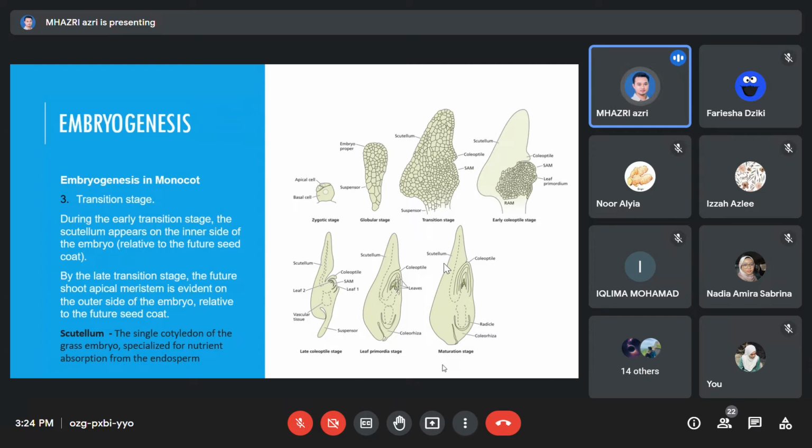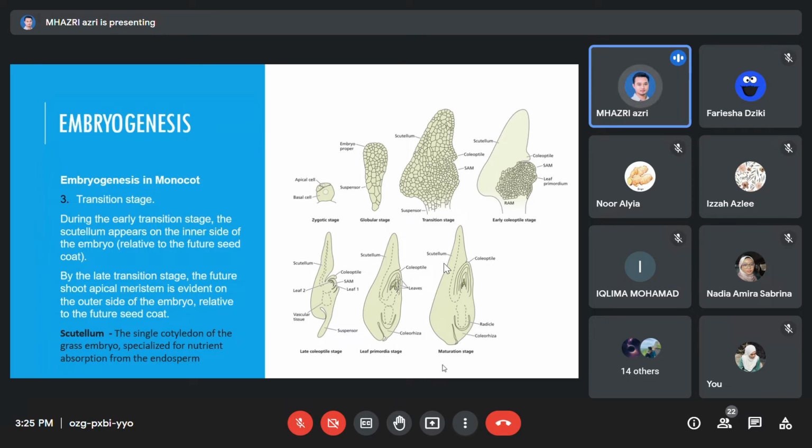In insects, the scutellum refers to a protective layer of the insect. For seeds, the scutellum is the single cotyledon of the grass embryo. The scutellum is specialized for nutrient absorption from the endosperm.